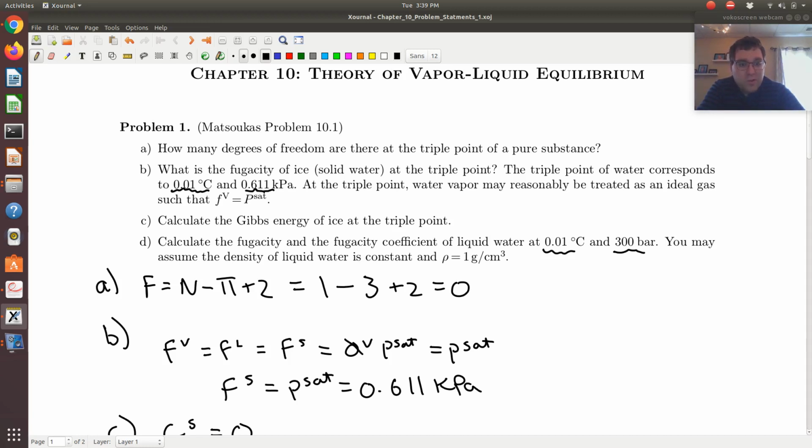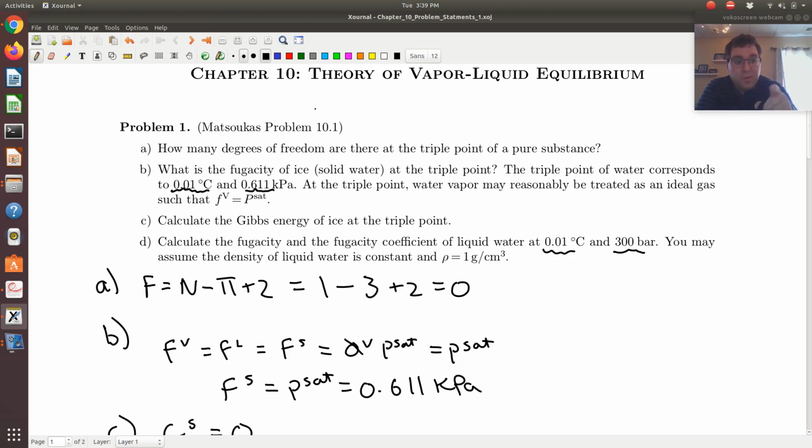Atmospheric pressure is 101.325 kilopascals, which is equivalent to 1.01325 bars. We're interested in a pressure of 300 bars, so this is going to be huge, much larger than the saturation pressure, so Poynting is going to be important and necessary.